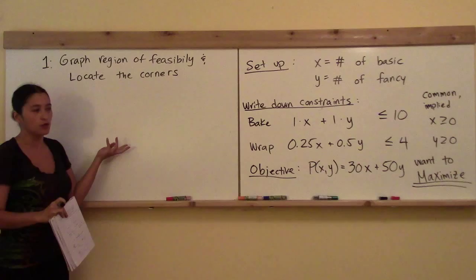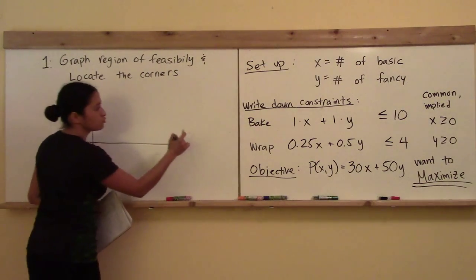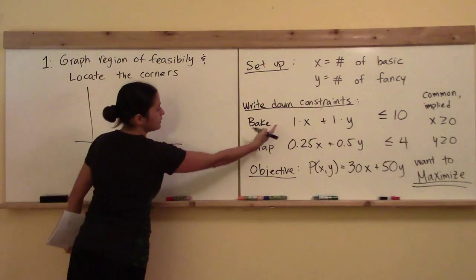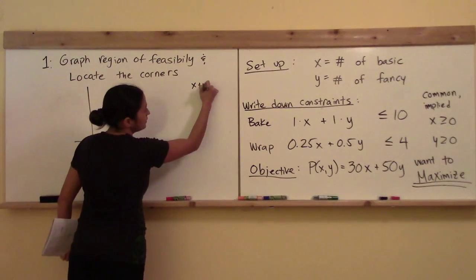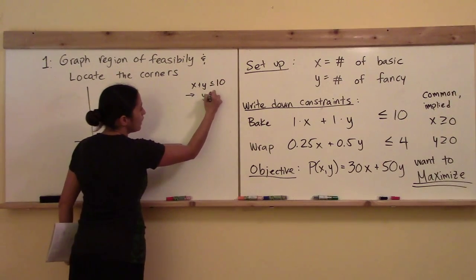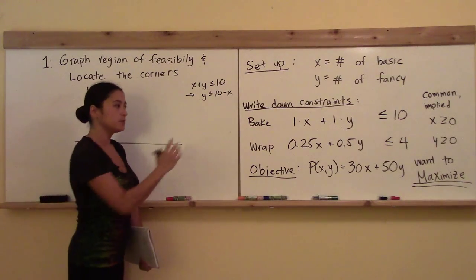I can't really figure out what the corners are until I've actually taken the time to graph these two equations, okay? And so this one right here, x plus y, is less than or equal to 10. Remember, I want to solve that for y, so y is less than or equal to 10 minus x. Okay? Solve them both for y.